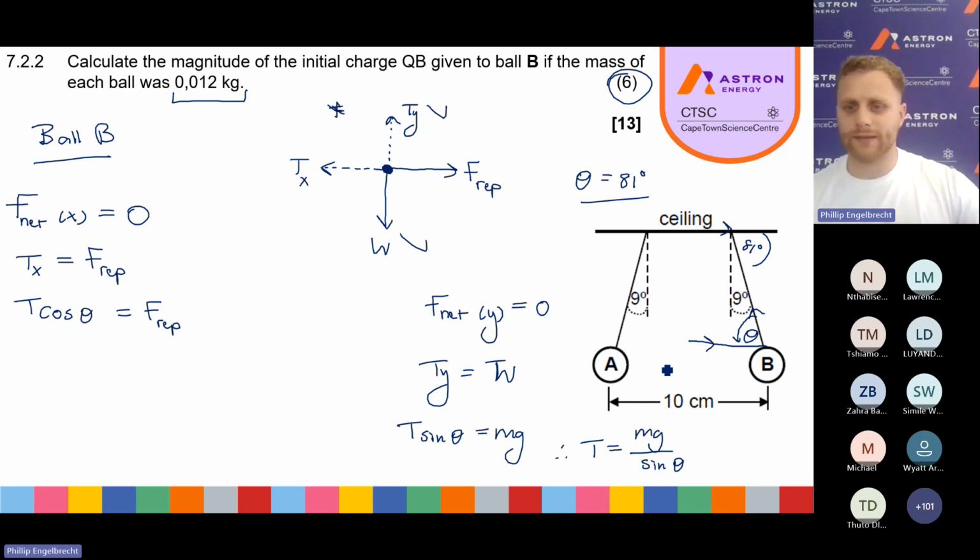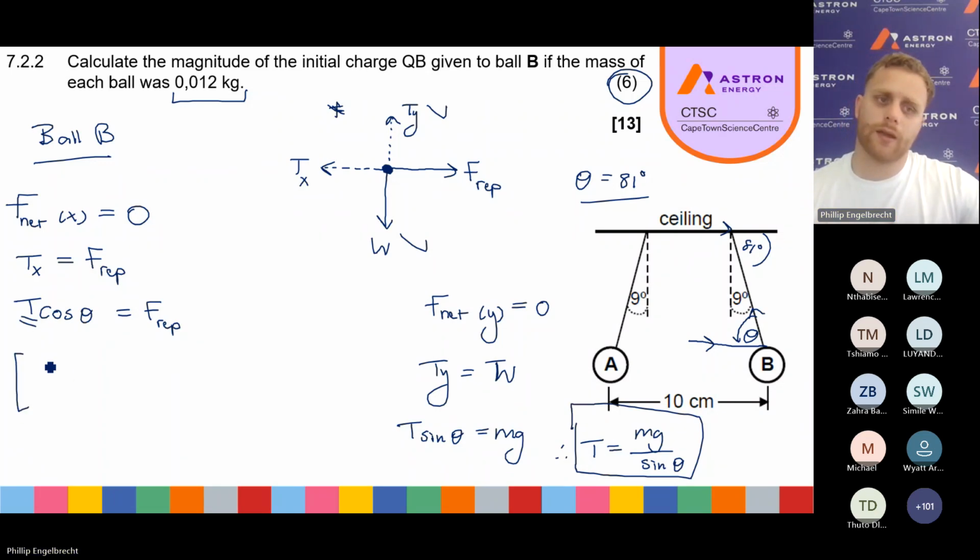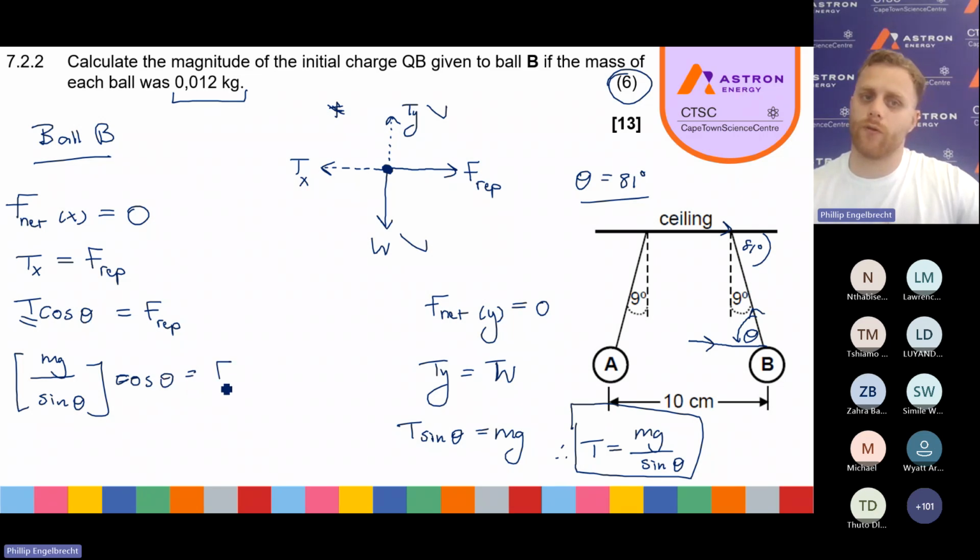So now I can substitute this value over here. So this becomes mg over the sine of theta, multiplied by cos of theta, is equal to my force of repulsion. Because I first want to figure out what is that force that's busy pushing sphere B away.